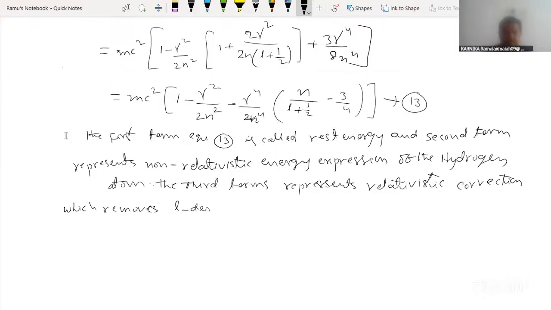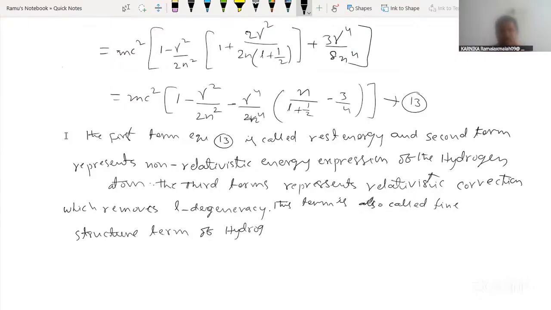This term is also called the fine structure term of the hydrogen atom.